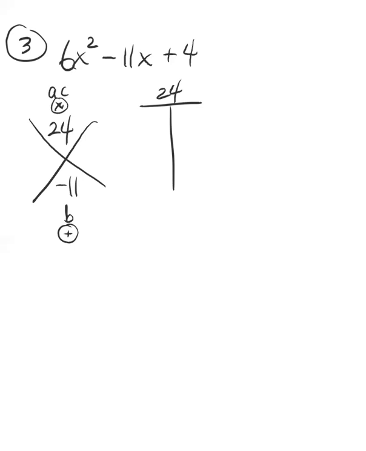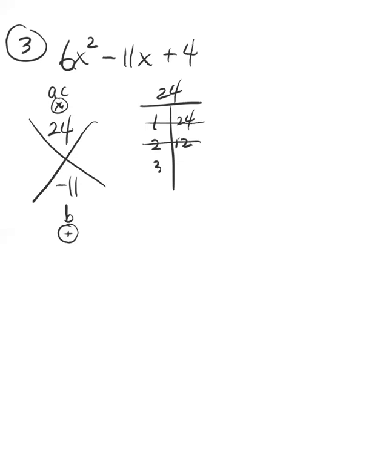Okay, so it's a positive 24, so 1 times 24. This can't add up to get me -11, or can they subtract? Okay, 2 and 12. This also cannot get me, so this one doesn't work, this one doesn't work. That gets me 10 or -10.